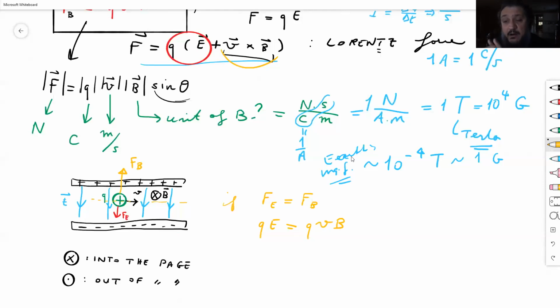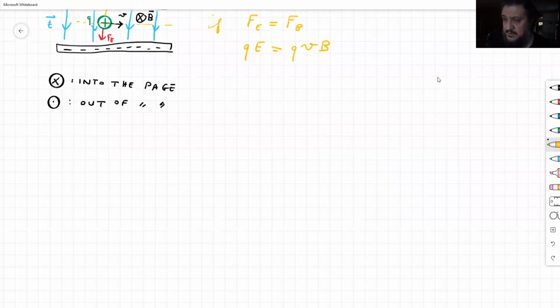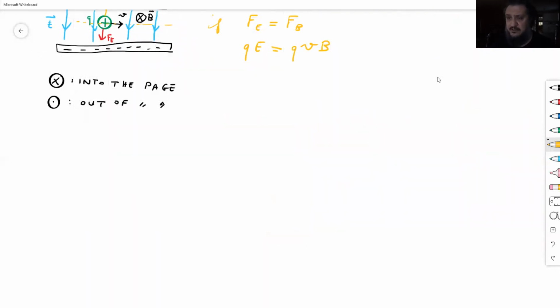What if you turn off the electric field? Okay, so let's take a look at another example where you don't have electric field, only magnetic field. So let's say here we have the charge, the positive charge, moving to the right.